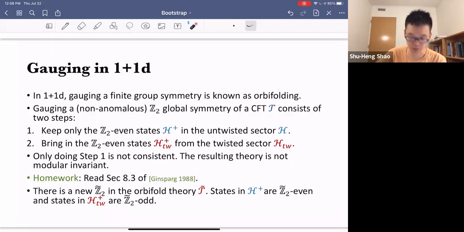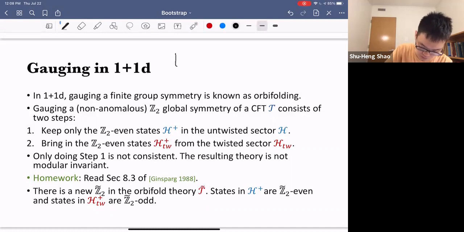So there are many different ways to prove this statement completely from the abstract CFT or quantum field theory point of view. You can see it at the level of the partition function. You can play with the torus partition function. From the torus partition function point of view, the orbifold theory is written as this.